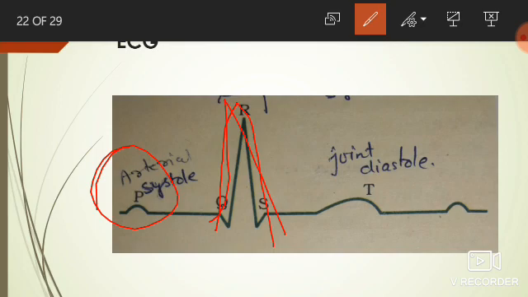This depolarization of ventricles initiates the ventricular contraction. When the ventricle starts contracting in the cardiac cycle, that represents the depolarization of the ventricles and is shown by the QRS complex.